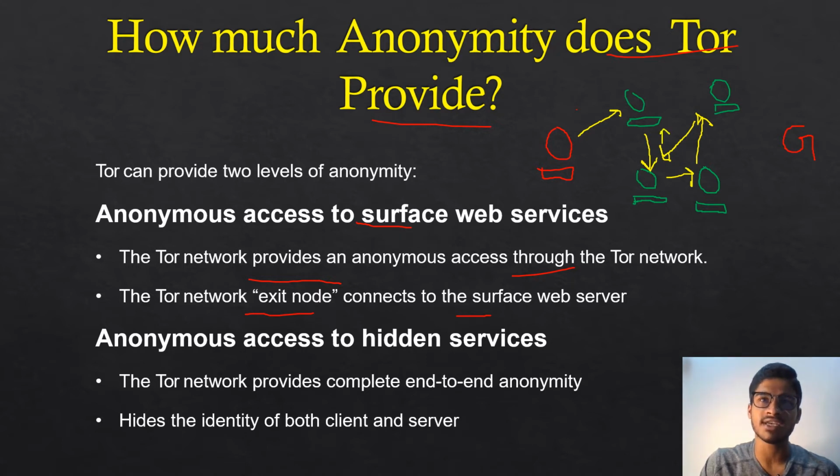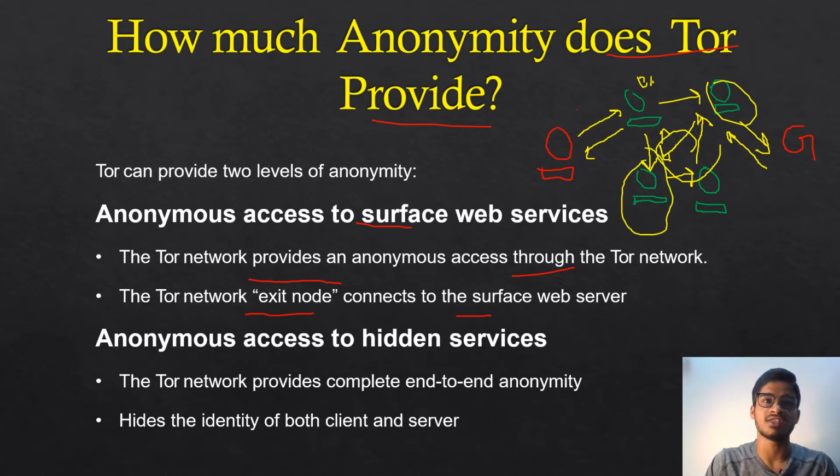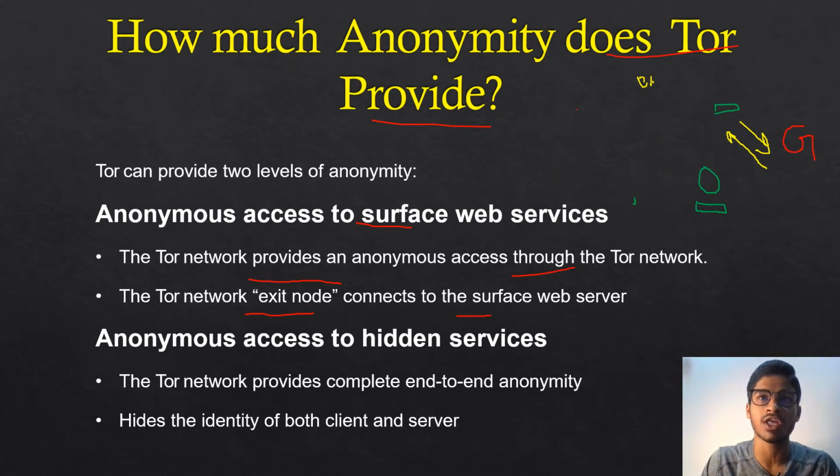And the node where the request leaves is known as an exit node. Let's think this is the exit node. So from the exit node it goes to Google. Then Google will reply back to the exit node and it comes back along the same path and reaches us. So we are anonymous over here, as the packets are passed through all these nodes over the globe. This is the anonymity Tor is providing for us, the onion router.